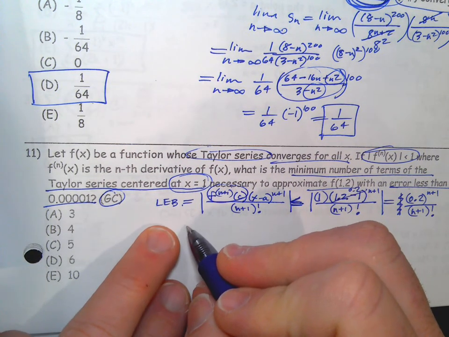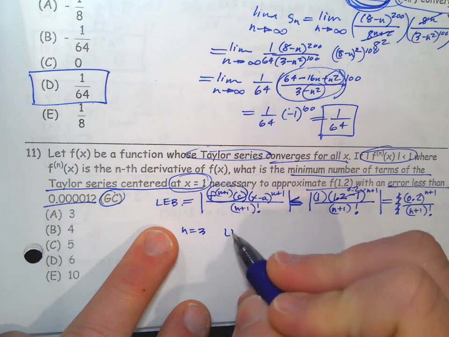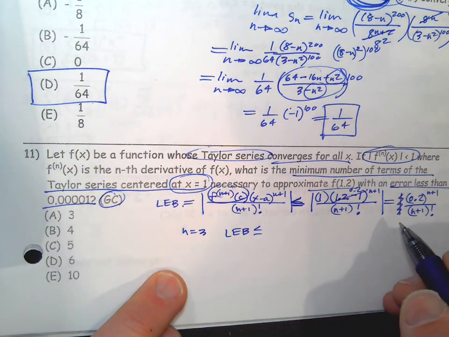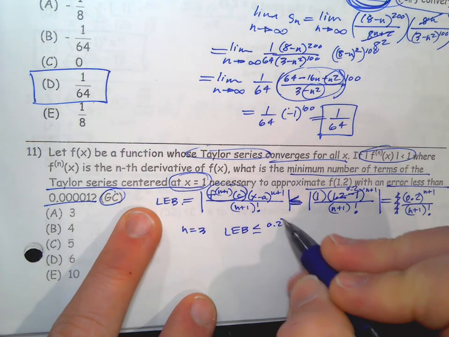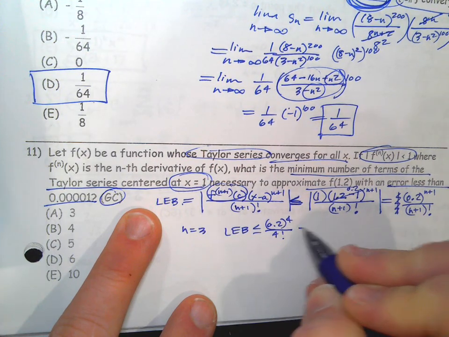So we're going to just start with n equals 3 and calculate what the max Lagrange error bound is. So we plug 3 in here. It's going to be 0.2 to the 4th over 4 factorial.